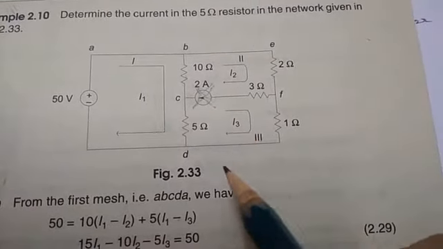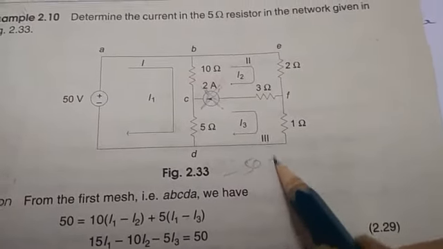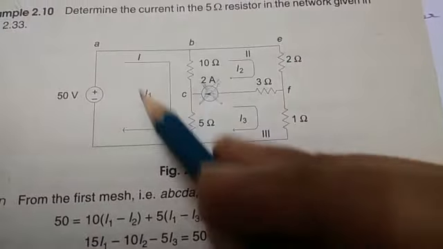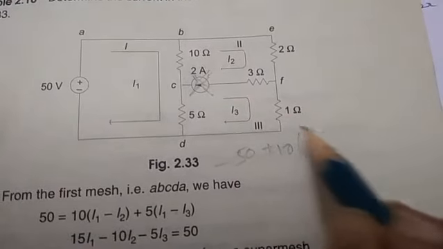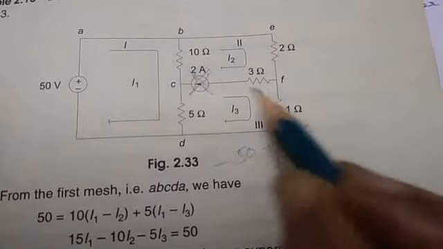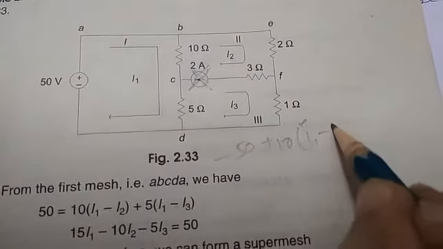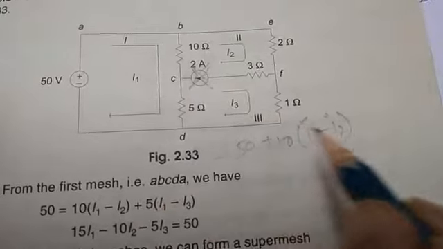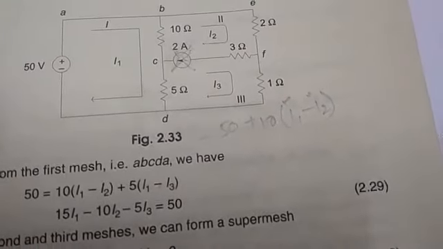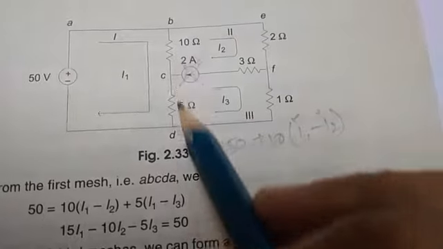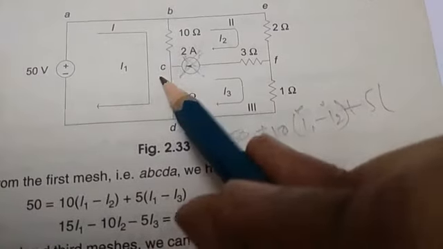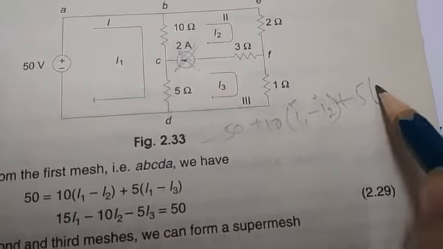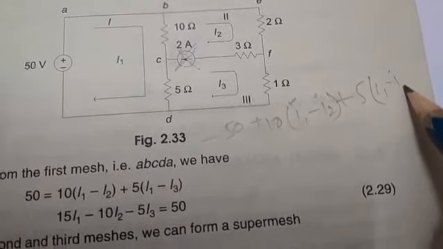I can write this as minus 50 plus, going through this 10 ohms resistor, I1 current direction, so 10 into I1 minus I2, again the 5 ohms resistor. So I'm seeing this circuit in this mesh only, plus 5 into I1 direction, I1 minus I3.